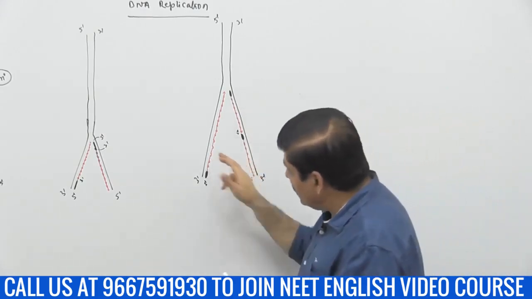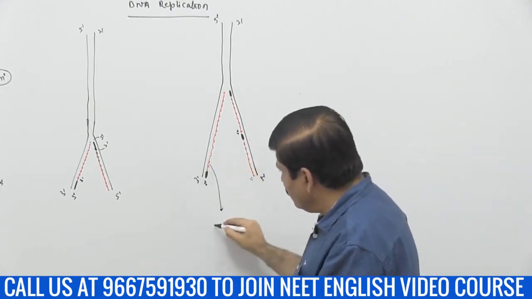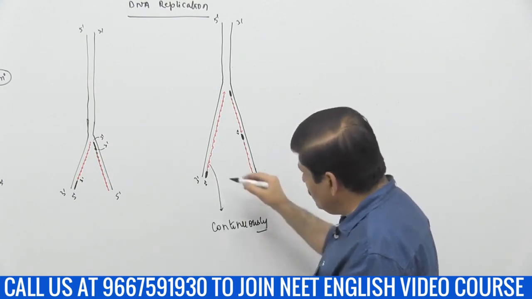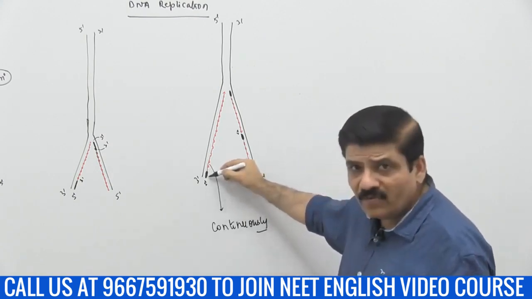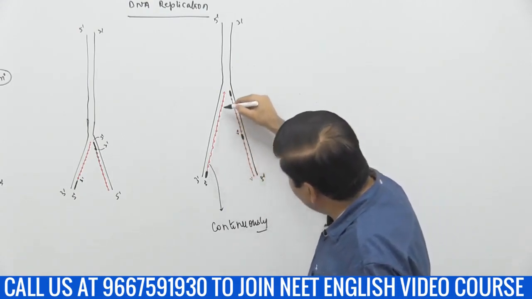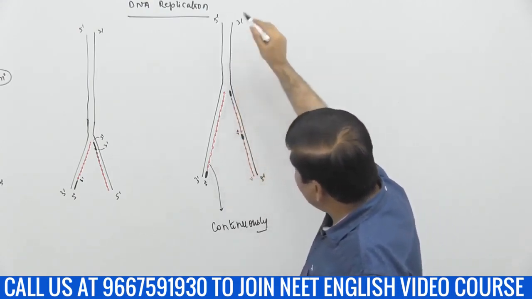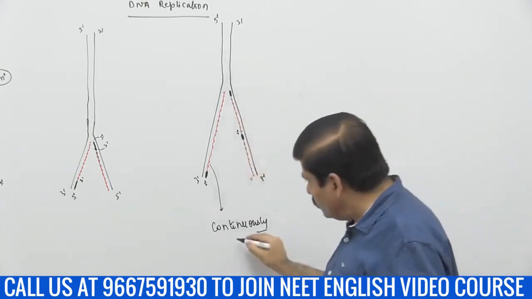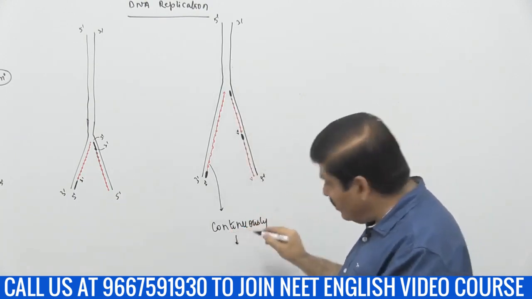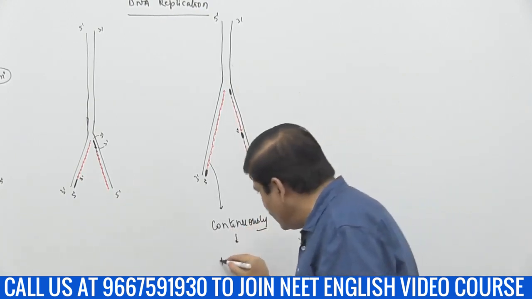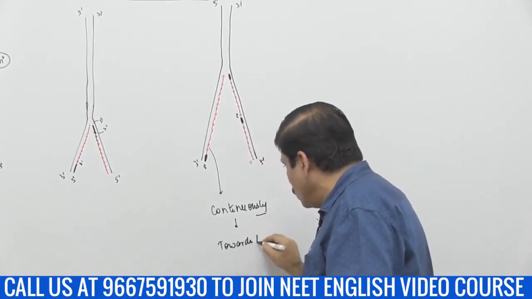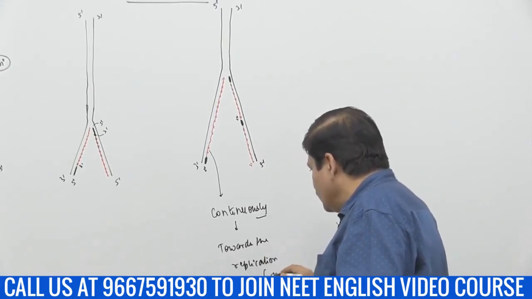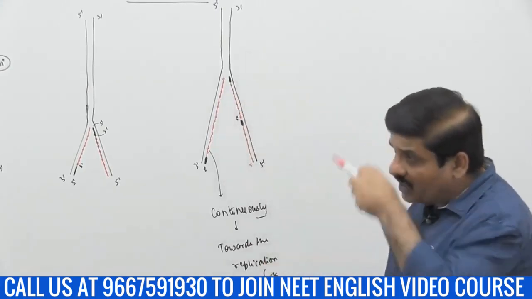So this particular strand has been synthesized continuously, which means you require only one primer and you keep on extending the primer as and when the helix gets opened towards the replication fork. So this is being replicated continuously. The second term I am using is that it is being replicated towards the replication fork. You can see it is moving towards the replication fork.